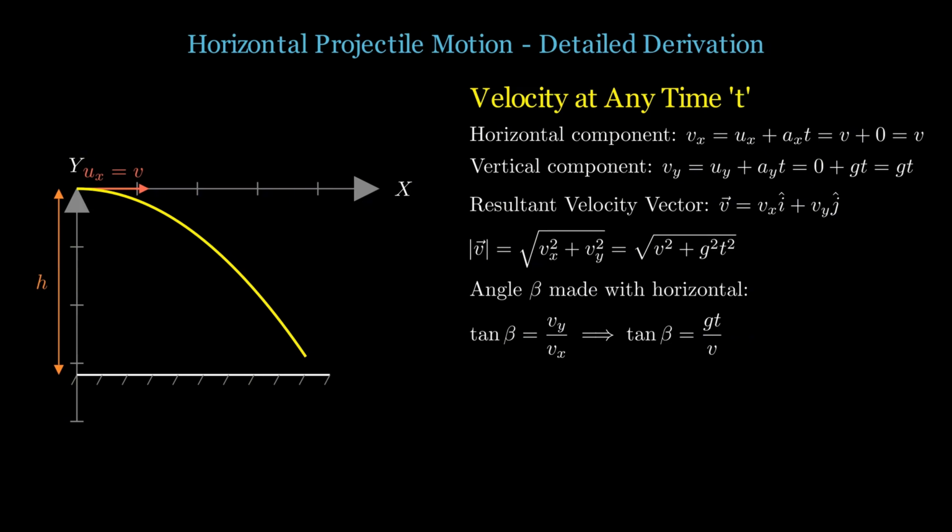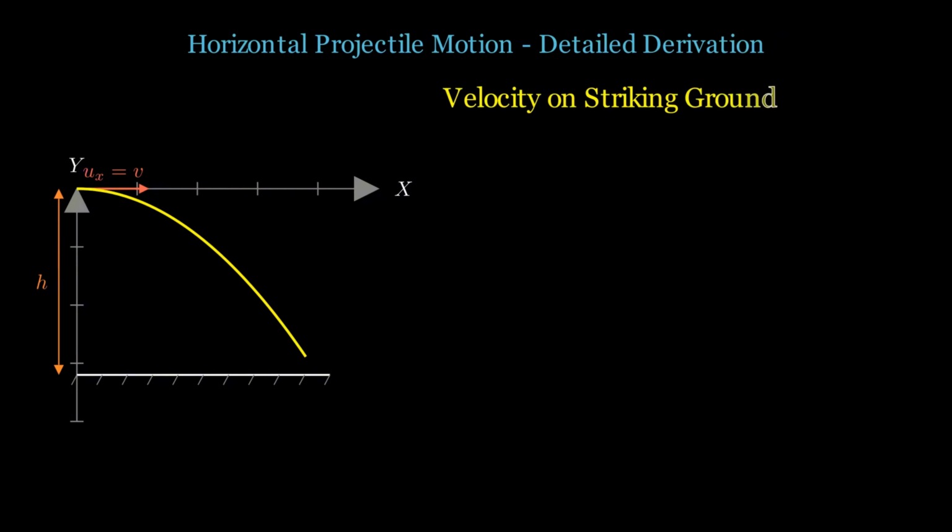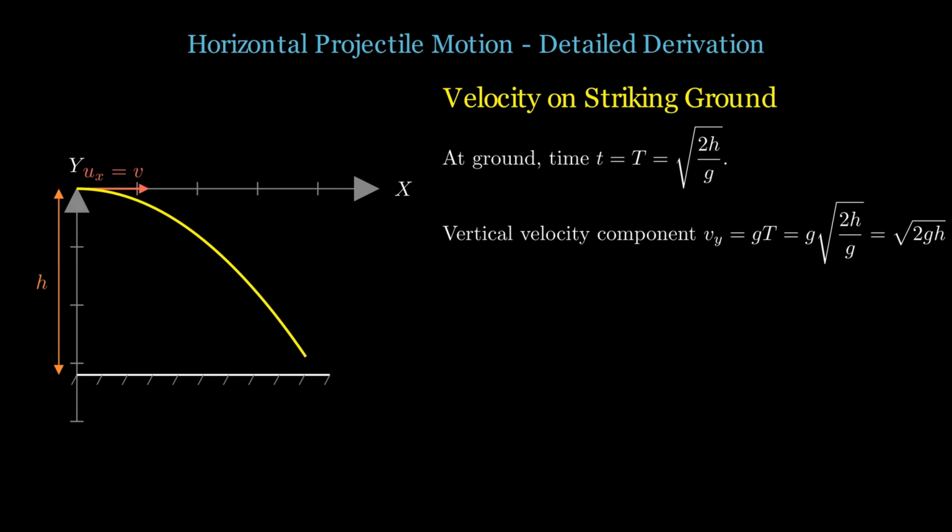We can extend this discussion to what will be the velocity upon striking the ground. We need to understand the projectile will strike the ground at time t = T, that is the time of flight, which is given by √(2h/g). The vertical component therefore is vy = gt, which is equal to g × √(2h/g).